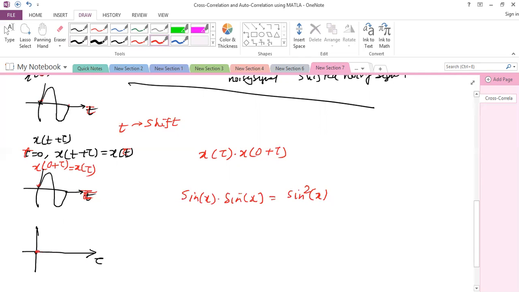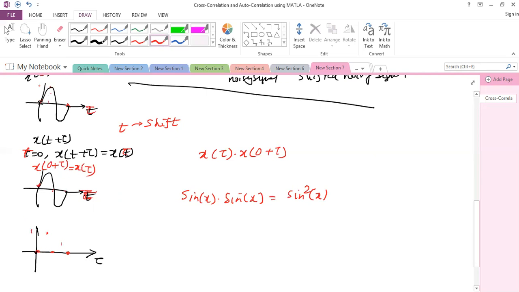And at this one complete period, this is 0 value into 0 value is 0. Similarly at the mid value, and at this 90 degrees position it is 1 into 1, it will be 1 here.